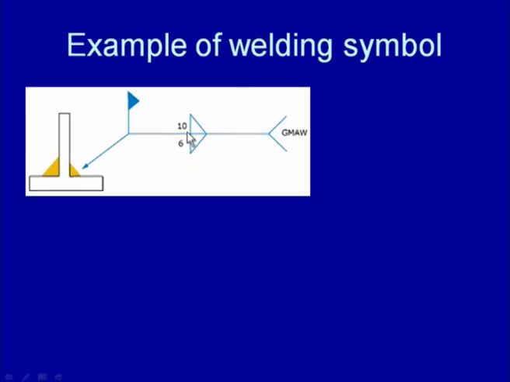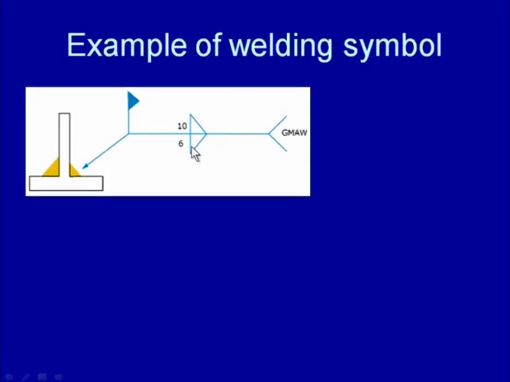So, here this typical symbol, a right angle triangle, shows that the fillet weld is to be made, and the information on the left side of this symbol shows the size of the weld to be made. The presence of the right angle triangle both above and below the reference line suggests that the fillet weld is to be made on both sides for developing the T joint, and here the arrow indicates the location where the weld is to be made.